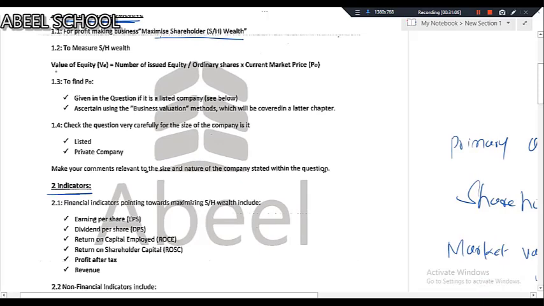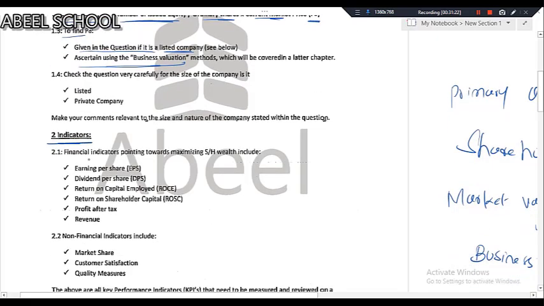We have seen this measure of shareholder wealth: value of equity is number of issued shares into current market price P naught. To find P naught, it is given in the question if it is a listed company. For a private company, we have to find it out. Let us discuss financial indicators pointing towards maximizing shareholders' wealth.